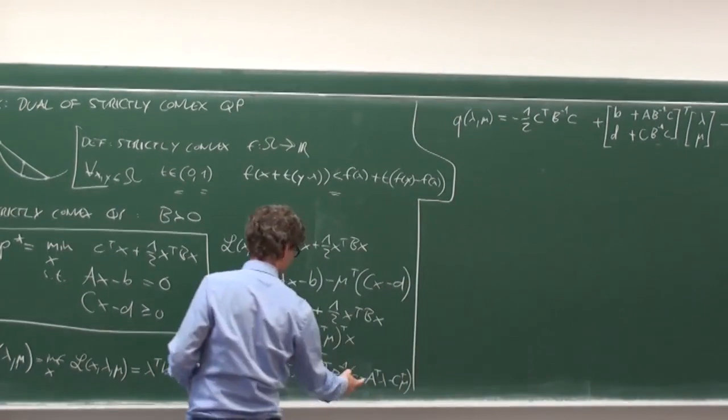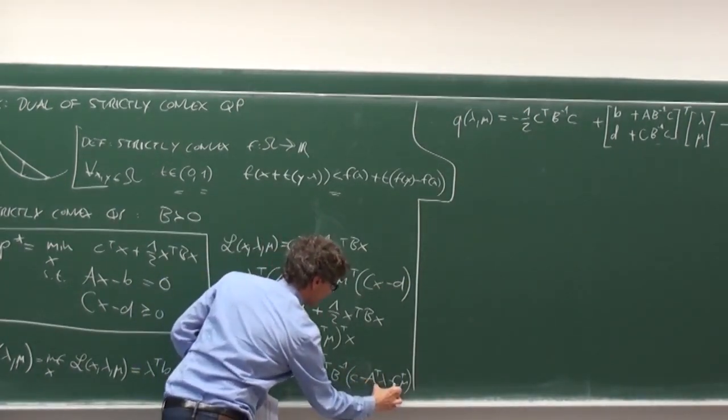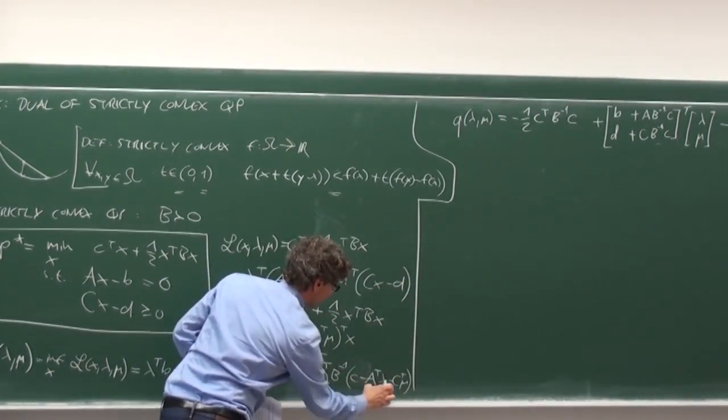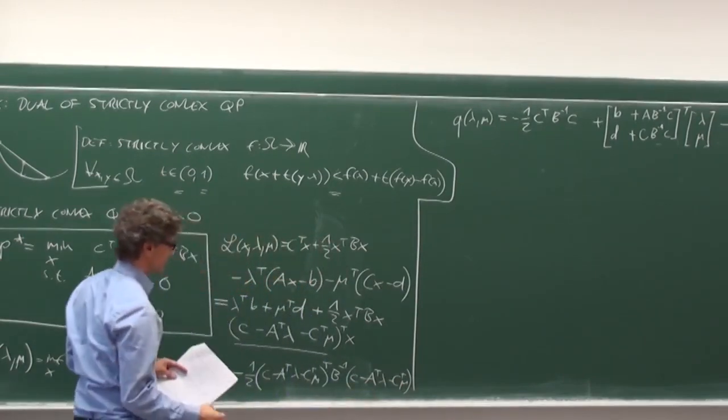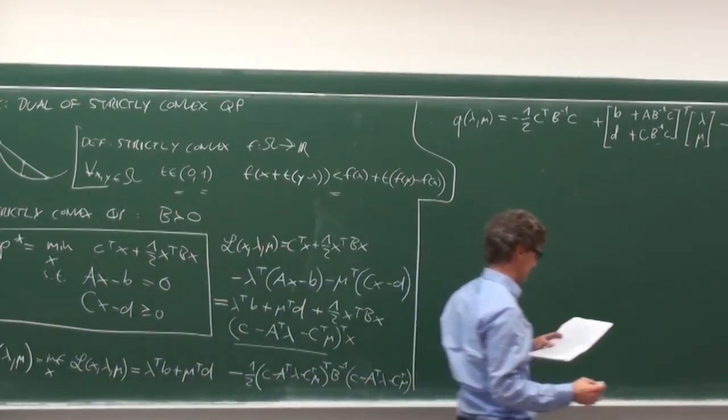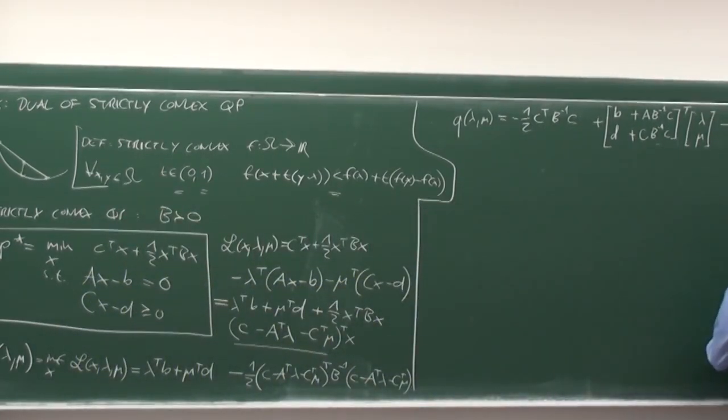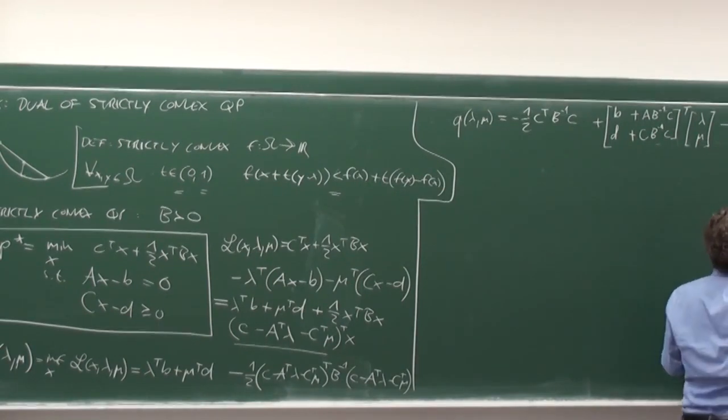And here we see that the quadratic term is B, and then times this interesting matrix here, which I will write down as follows. I will just write it like this, B to the minus 1, and then I have one matrix which is A and C, and here's the same matrix, A and C, not transposed.